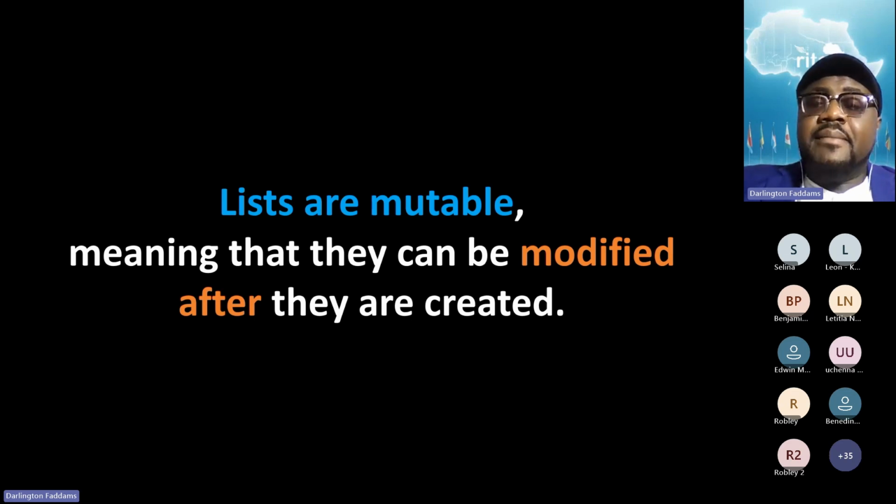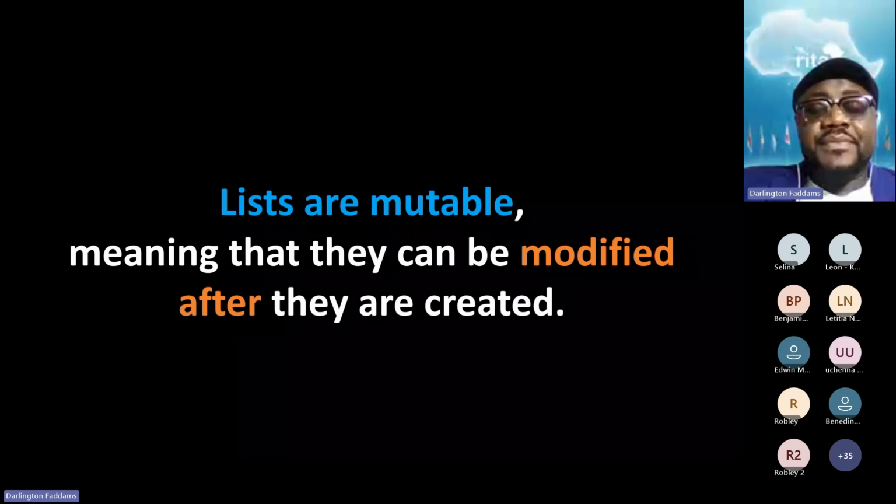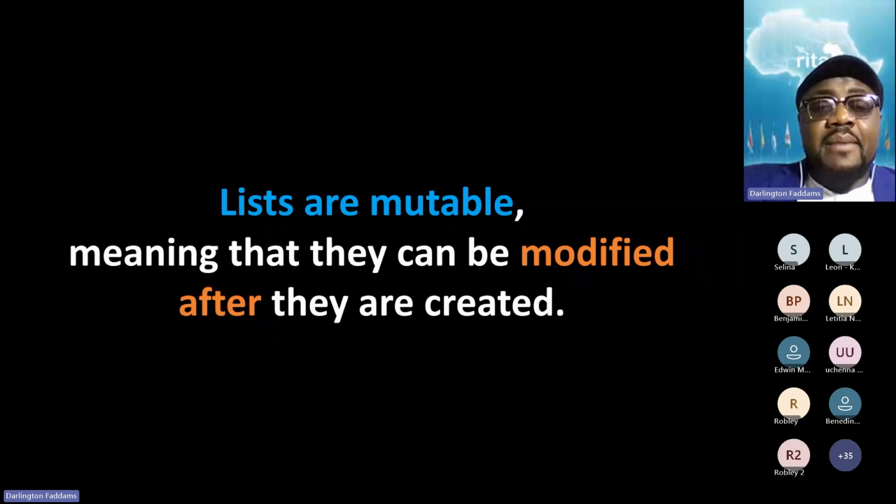Most of the time, when we want to use these data structures, we are supposed to look at the features of the data structure to know which one to use. Remember, apart from lists, we are going to look at tuples, sets and dictionaries. Now, lists are mutable and it allows us to change the values after creation.